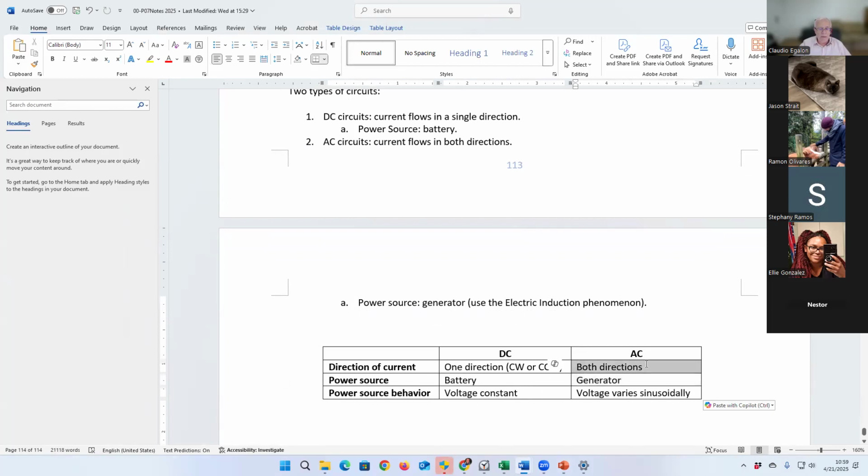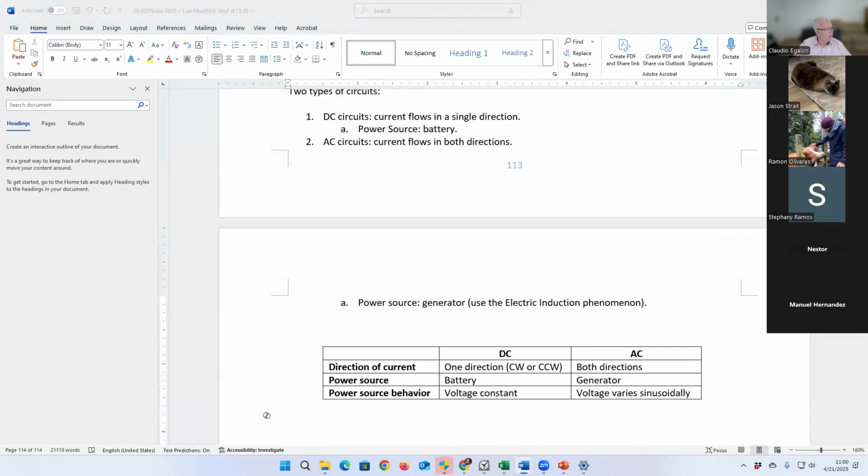Here, the current in the circuit is in both directions, depending on the instant of time. The power source for a DC circuit is a battery. The power source for an AC circuit is a generator. Voltage is constant for a DC circuit. Voltage varies sinusoidally.